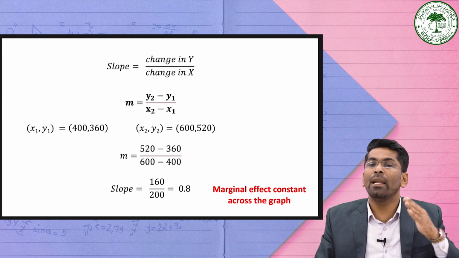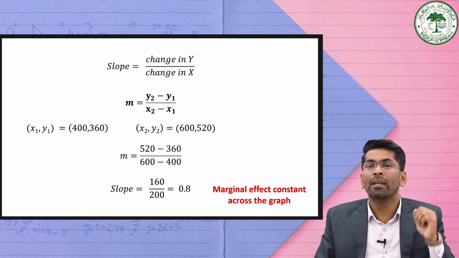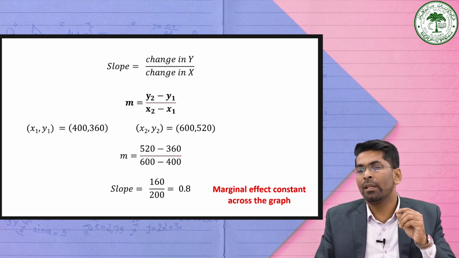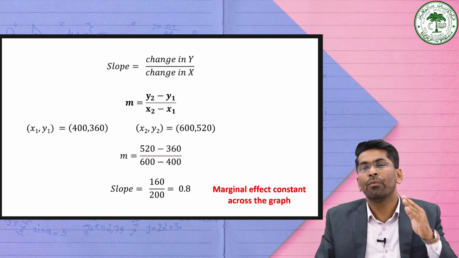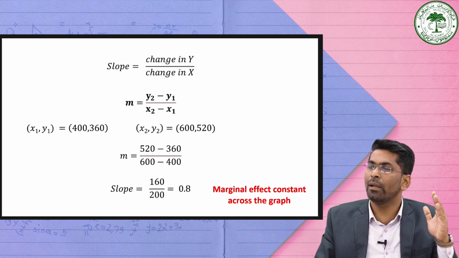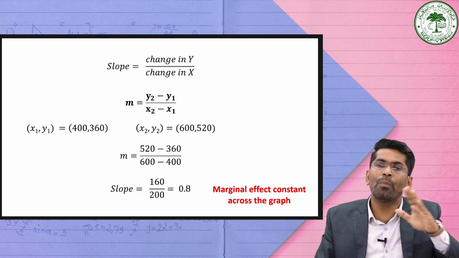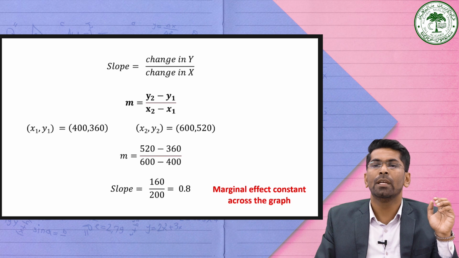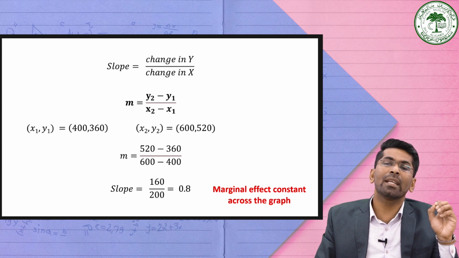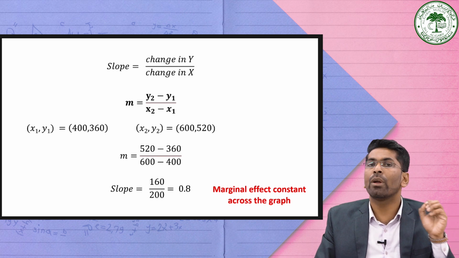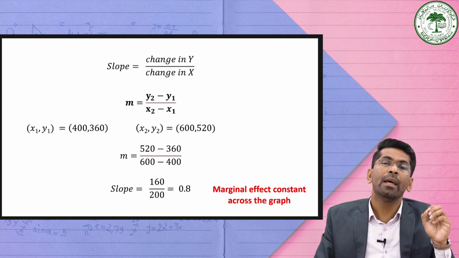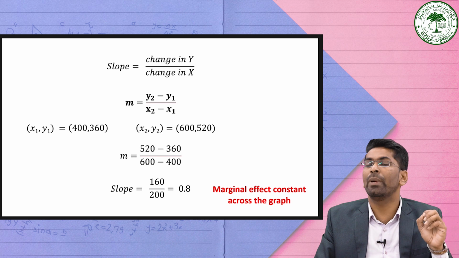Since the slope of the linear function is constant, the change in the dependent variable, that is the change in consumption, for given changes in the independent variable, that is change in income, is constant across all points on the graph. So the marginal effect of a linear function, or the slope of a linear function, remains the same regardless of the level of the independent variable.